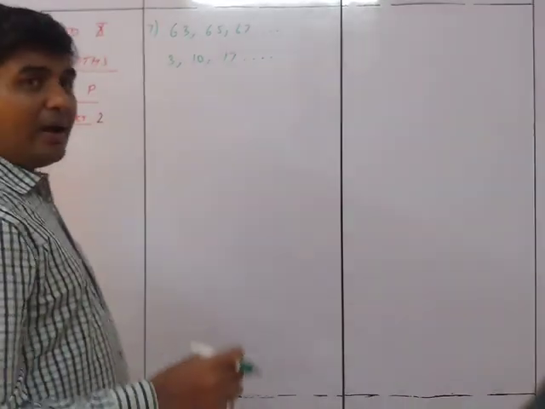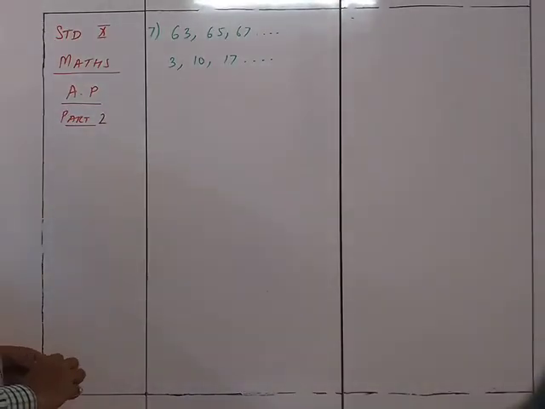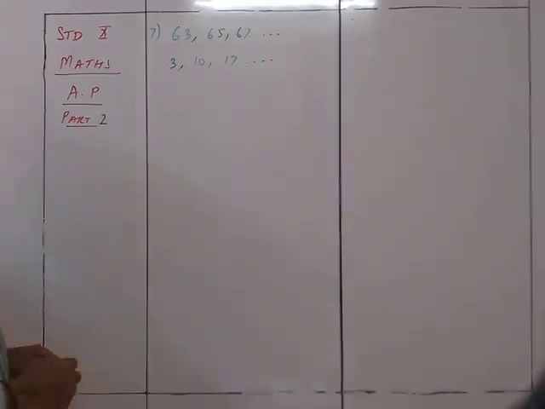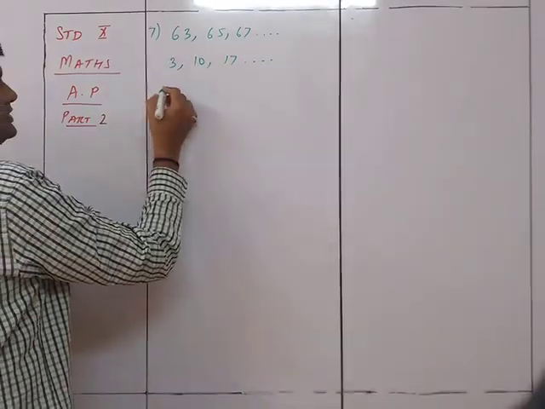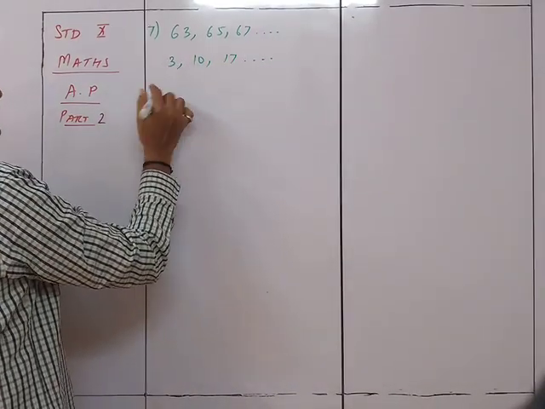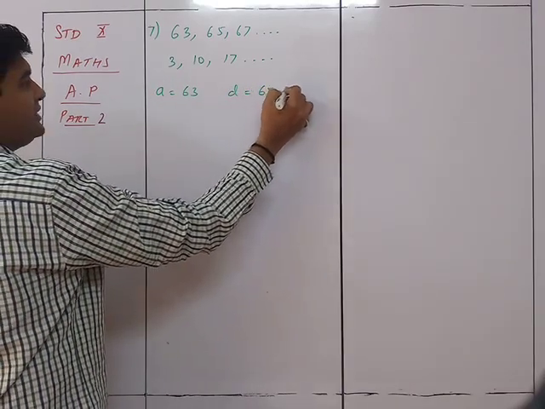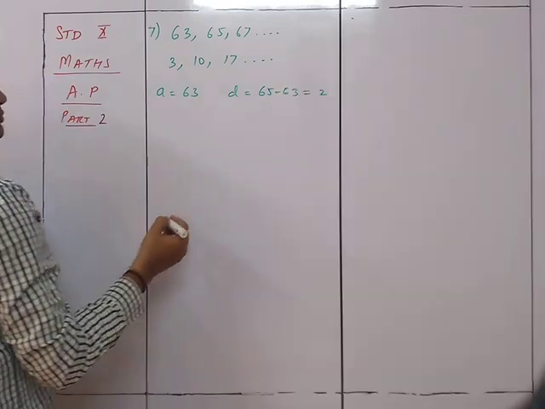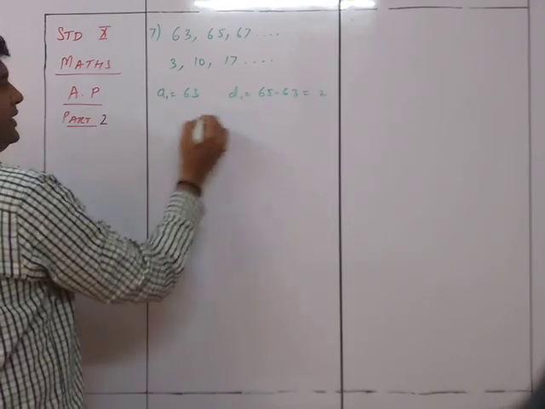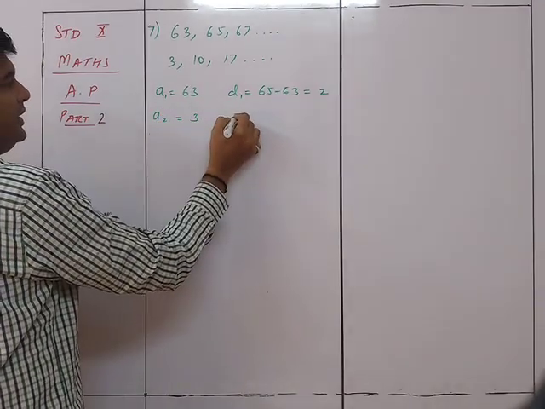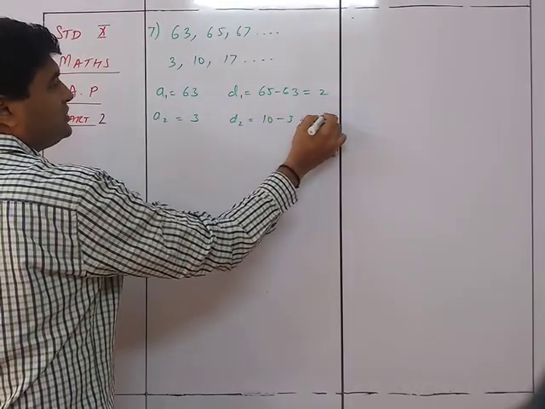So I want one particular value of n at which both values will be equal. First of all, we take the first one: A1 equals 63 and D1 equals 65 minus 63 equals 2. For the other one, A2 equals 3 and D2 equals 10 minus 3 equals 7.